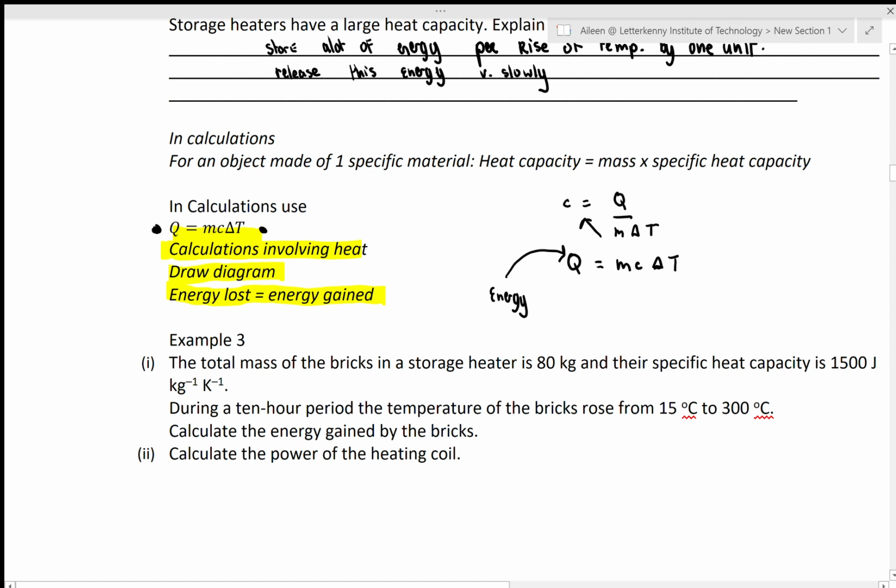So just remember Q equals mc delta T. So the energy required for a change in temperature is mc delta T.